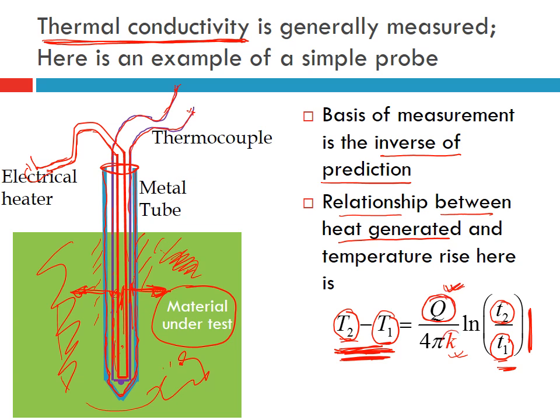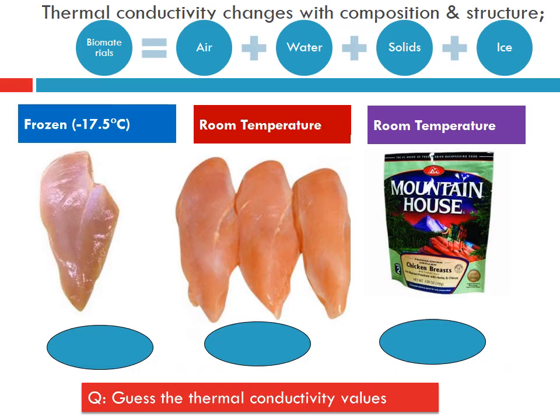So everything is known other than K, so we find K. So then K comes from this kind of measurement. It's almost always measured for real material. So thermal conductivity then is a measured material property that is measured using probes such as this one.